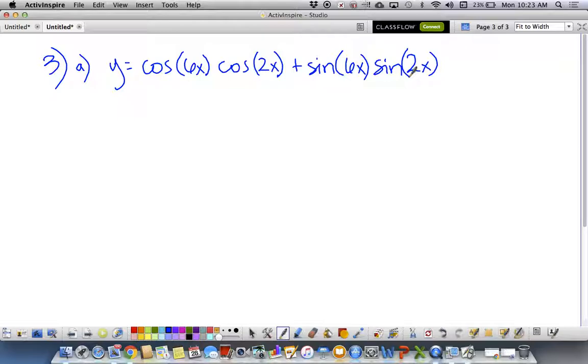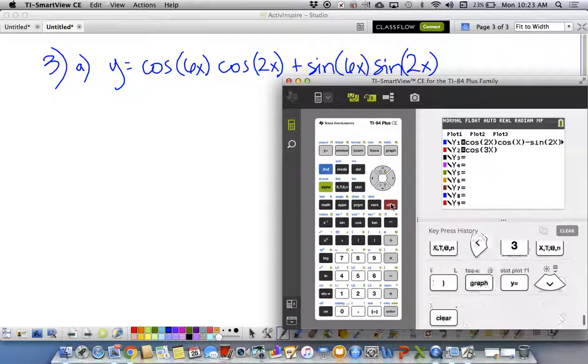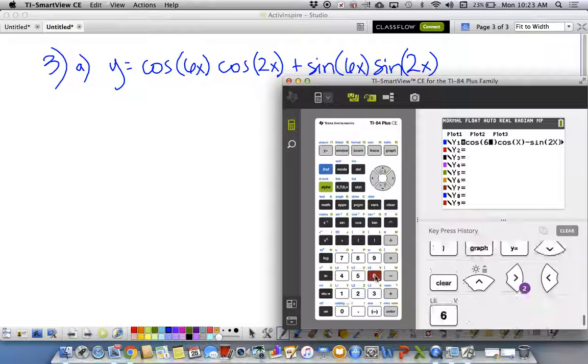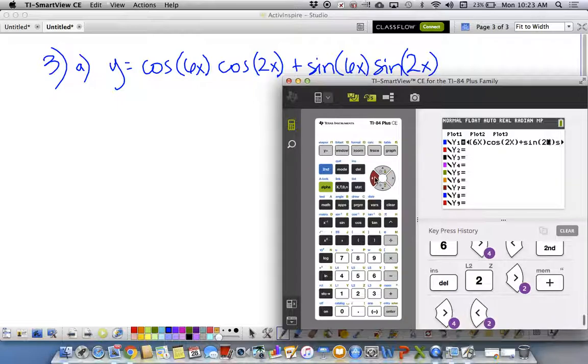They're the same for cosine and they're the same for sine. So go back to y equals. I'm going to clear that one. Go back up to here. I need that to be a 6, and this to be 2x. And we're adding. I'm not going to leave it as subtraction. 6.